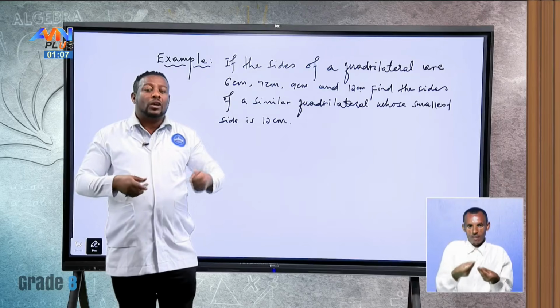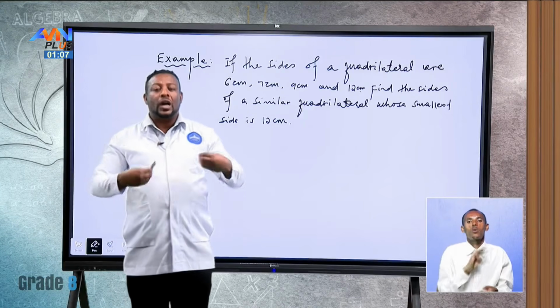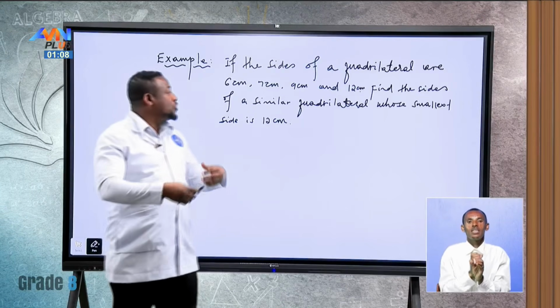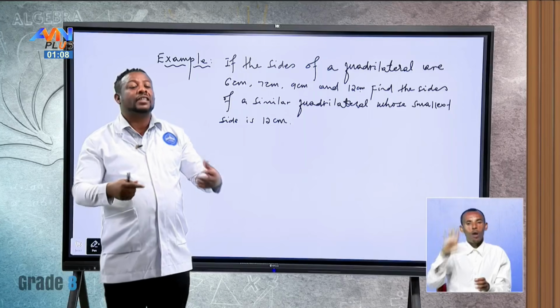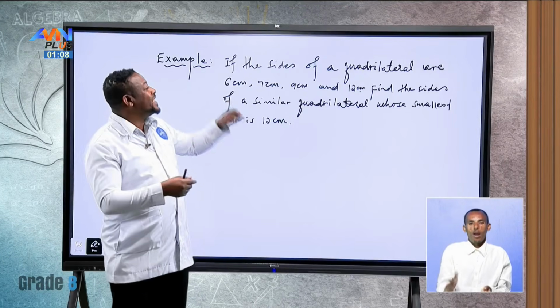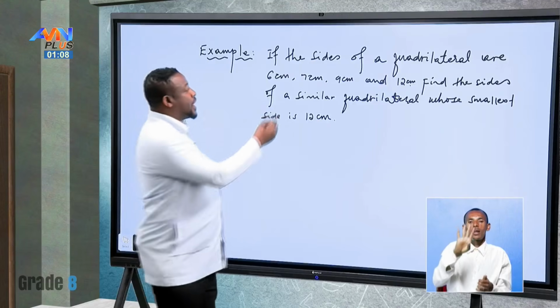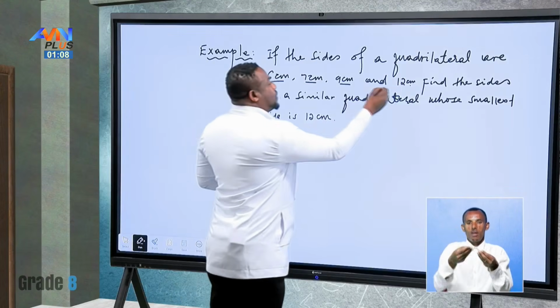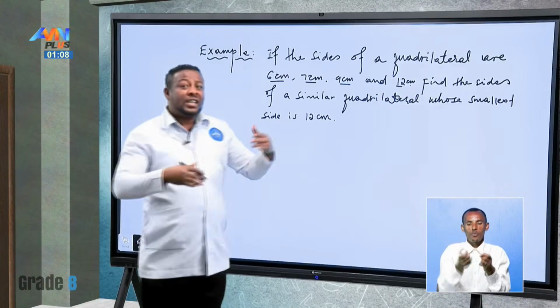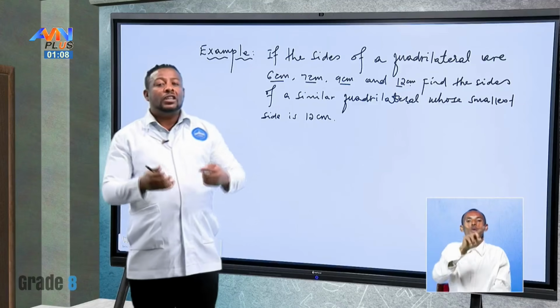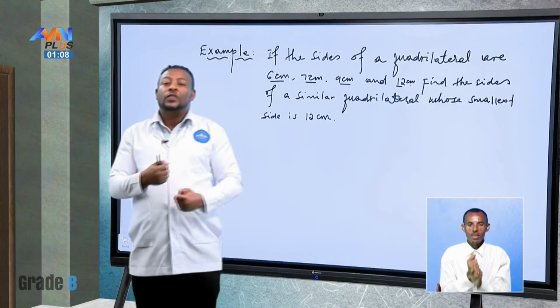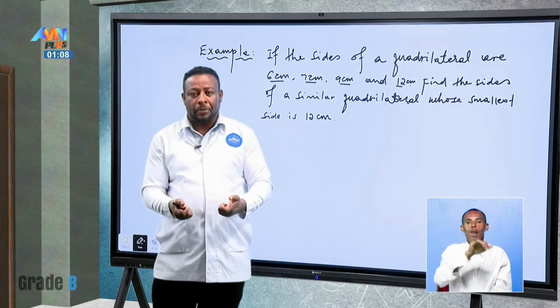The thing that we are going to do is we need to calculate the remaining 3 unknown sides of a certain quadrilateral, which is similar to a quadrilateral whose sides are given here. Okay, so to answer this question, we need to properly apply the definition of similar polygon.